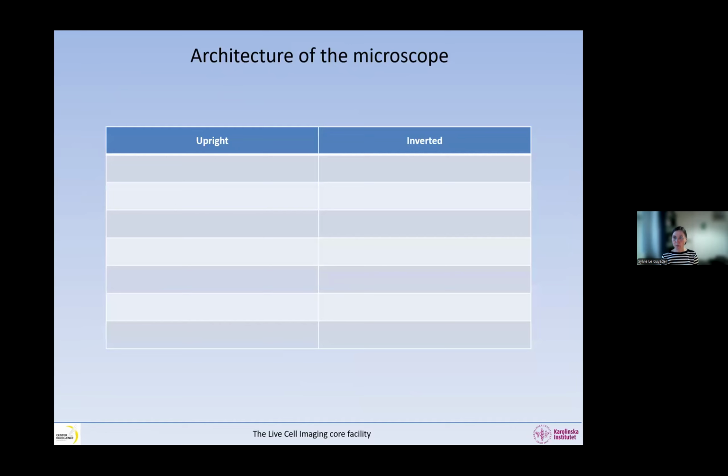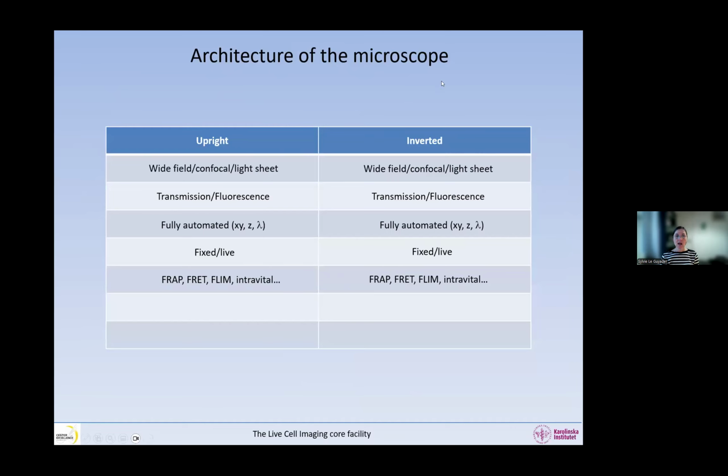So here in a little comparison side by side, you can find upright and inverted microscopes on any type of microscope, so any widefield, confocal or light sheet. You can do transmitted light and fluorescence imaging. You can have these microscopes fully automated, both upright and inverted. So in stage movement, Z-stack, different colors, there's no difference at all.